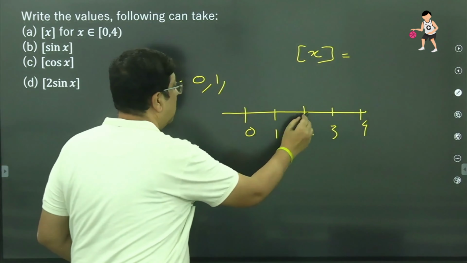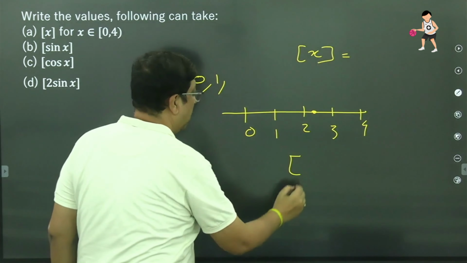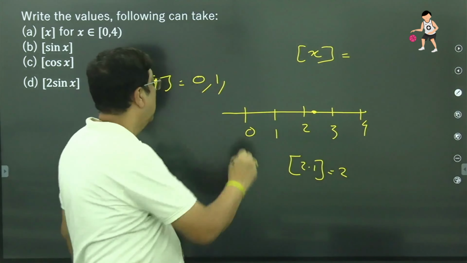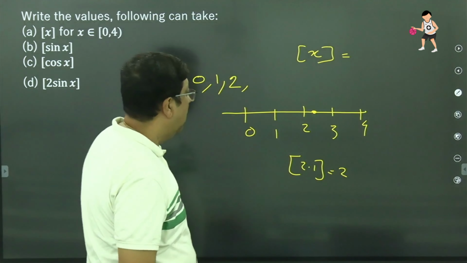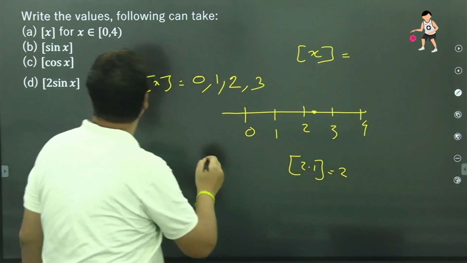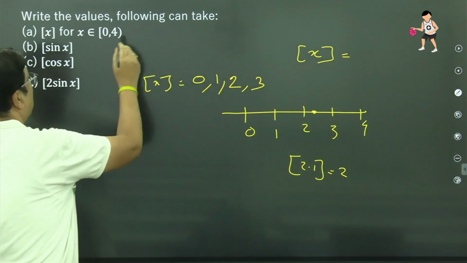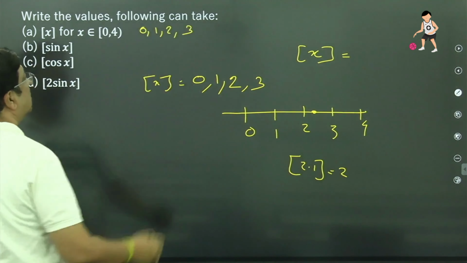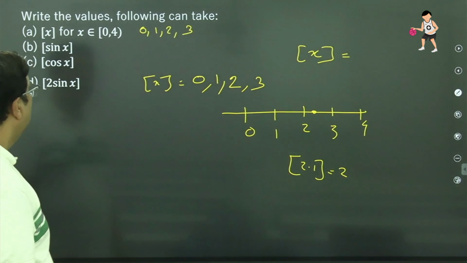Any number between 2 to 3, suppose for example box of 2.1, what is coming? That is 2, okay? And any number between 3 to 4, this is coming 3. So before 4, we can say here 0, 1, 2, 3. The answer will be this.